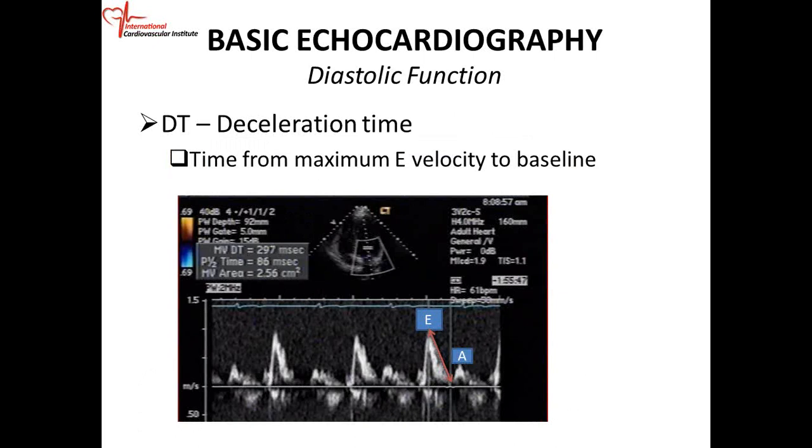A lot of times, they'll just give you the pressure half time, and then you will be searching around for deceleration time. But there's a relationship: the pressure half time is equal to 0.29 times the deceleration time.